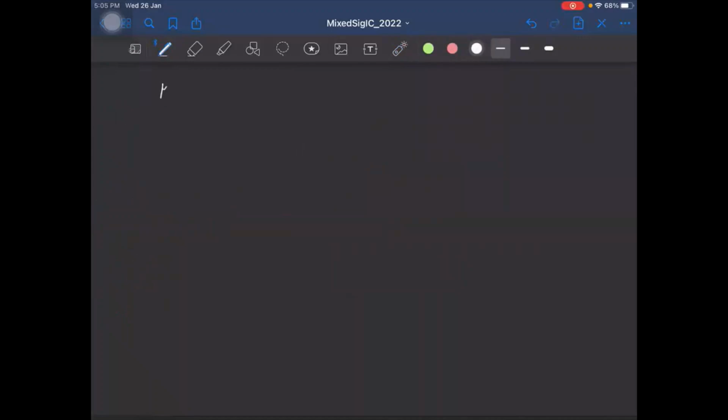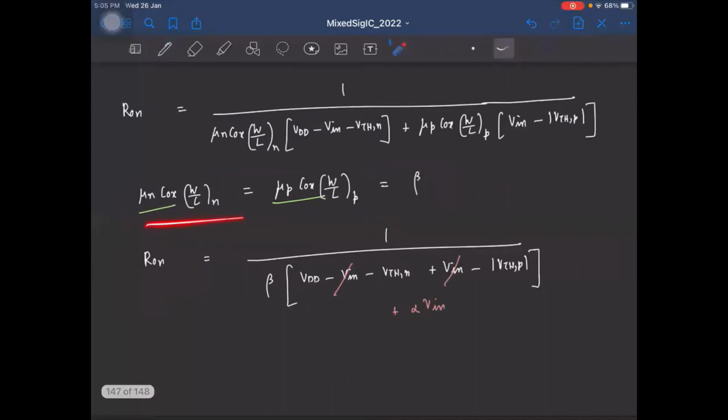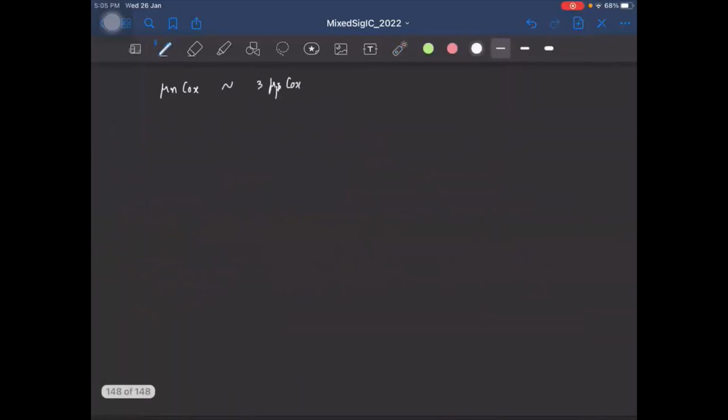Usually mu N Cox is roughly around 3 times the value of mu P Cox. This is again just a rough number. So to make sure that this quantity is equal, we need to size the PMOS to be 3 times that of the NMOS. We saw that for this switch, the length must be chosen to be the minimum length possible in the process. So this essentially means the width of the PMOS should be 3 times the width of the NMOS.